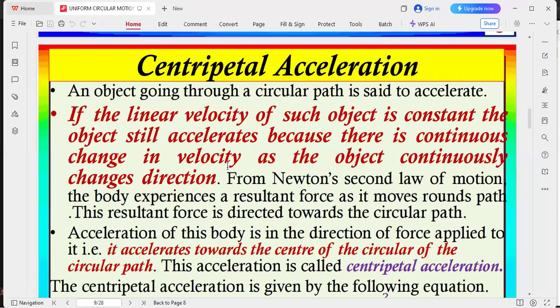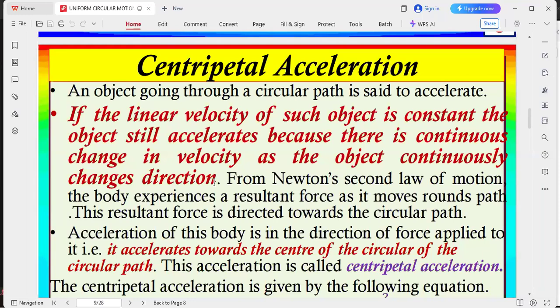And we know velocity is a vector quantity. So that constant change in direction means velocity keeps on changing. So that's all about centripetal acceleration.